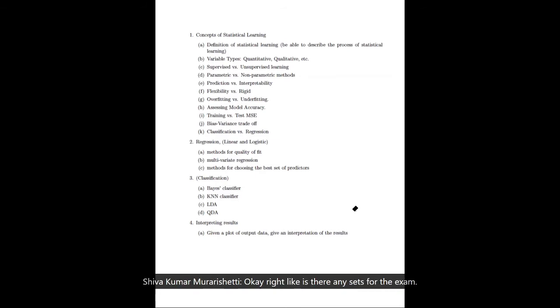Is the exam the same for everyone, Professor, or are there any sets of question papers?